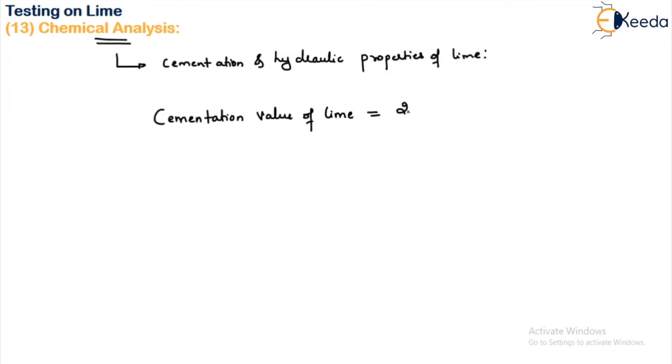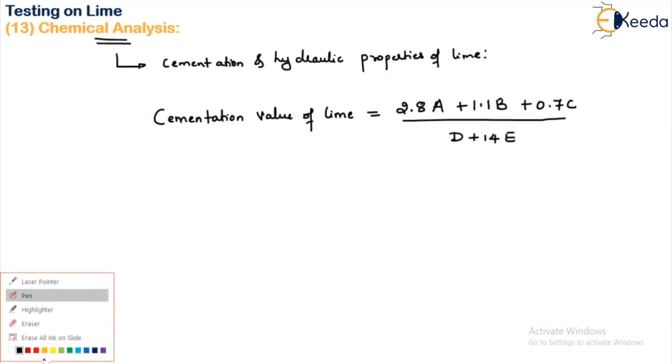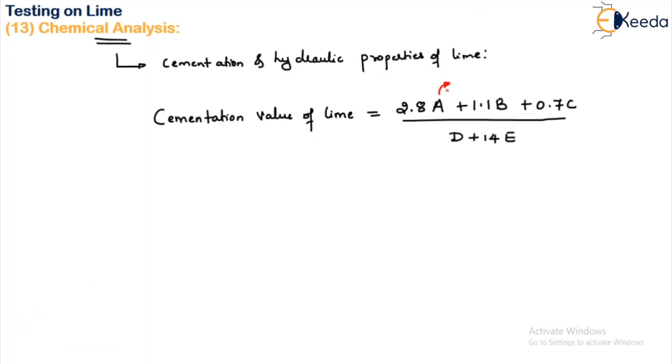This is given by 2.8 capital A plus 1.1 capital B plus 0.7 capital C, whole divided by D plus 1.4 E. Now each of them has a different meaning.